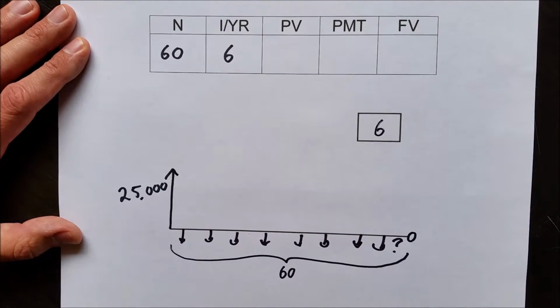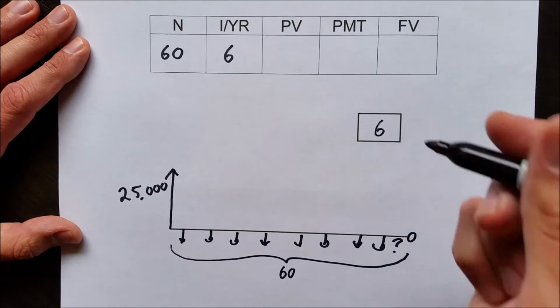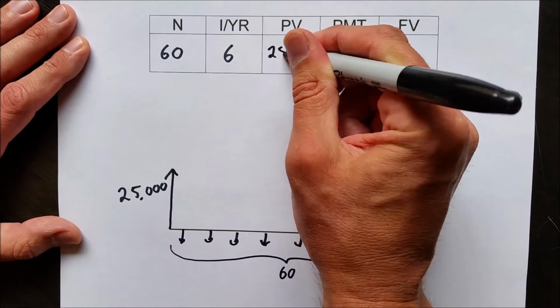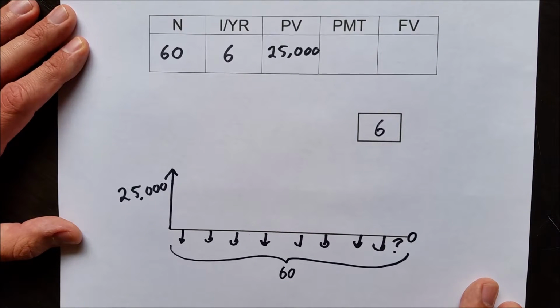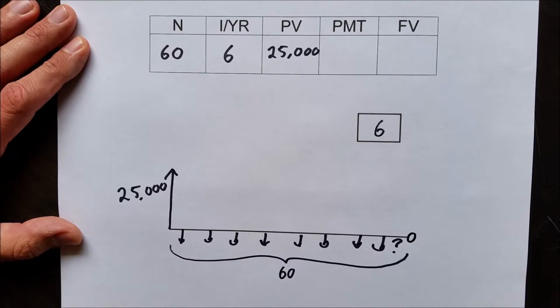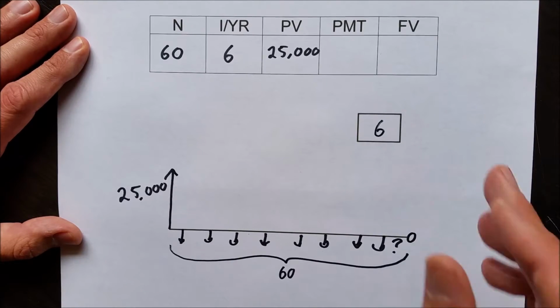That's a one-time occurrence of value that happens today and today only. In this situation, that one-time occurrence would be Sheila receiving that $25,000. So we're going to put 25,000 right there. And like I said, that's positive because she's receiving the benefit of that $25,000 today.